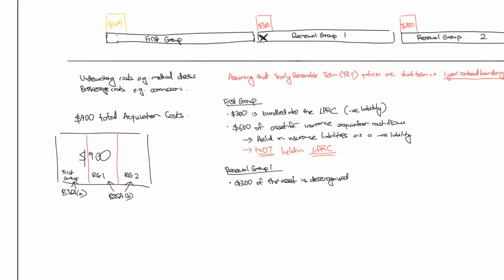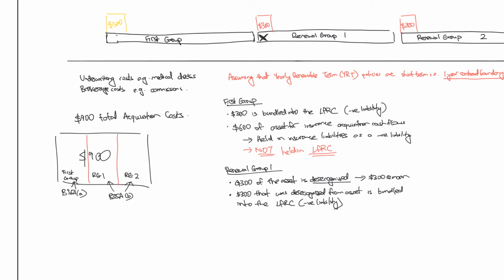Okay, so 300 of the asset is derecognised. So 300 remain. And then the 300 that was derecognised from asset, this is actually bundled into the LFRC as a negative liability.